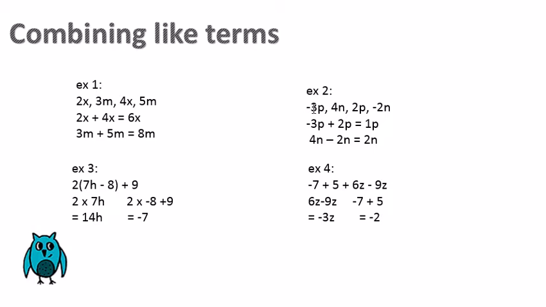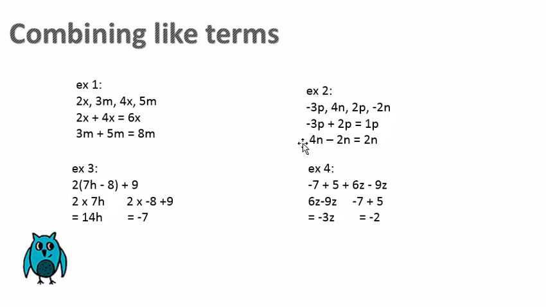Let's go over to another example of that: negative 3p, 4n, 2p, and negative 2n. Of course, you'd combine the like terms and add or subtract based on what is given. In this particular area here, the negative 3p will be first because it is the largest number, and then of course you're going to add here because the next p, the like term, is a 2 and it's positive.